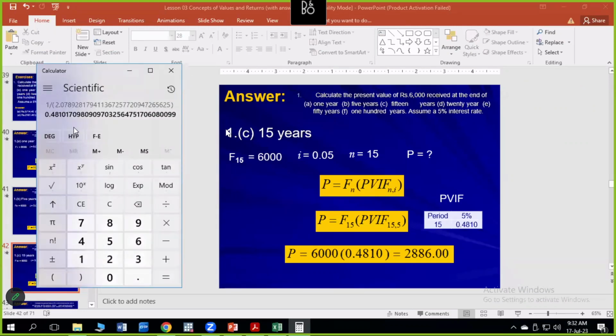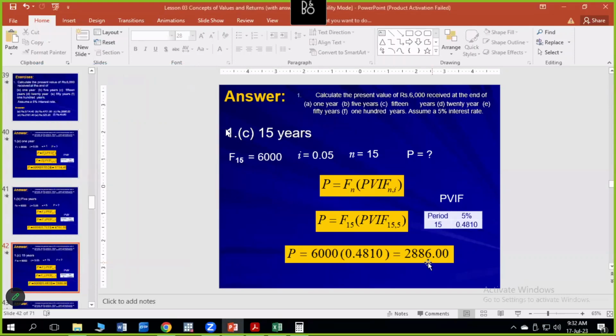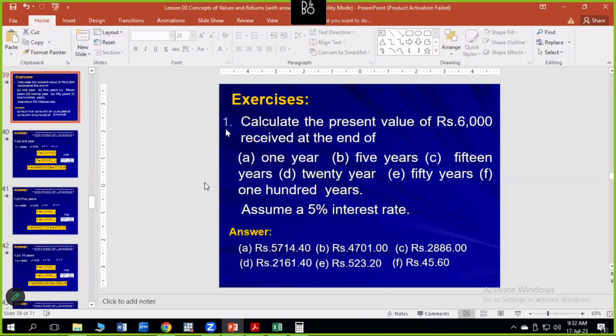So you can get the value 0.4810. 0.4810 is the value. So you can get the answer 2,886. 2,886 is the answer.